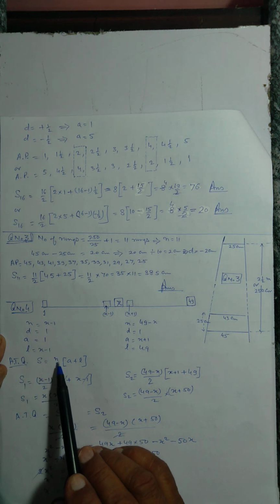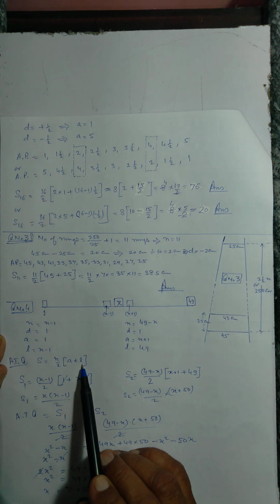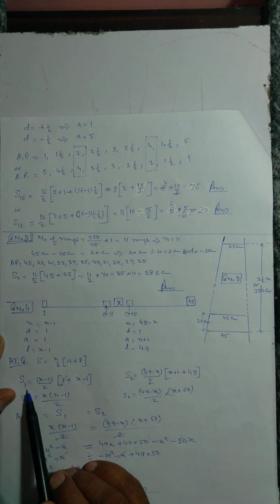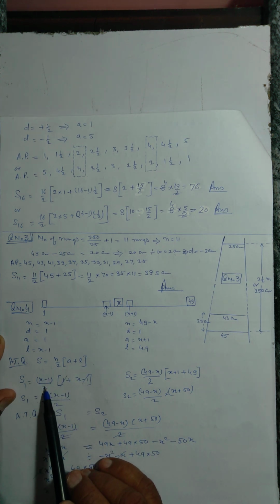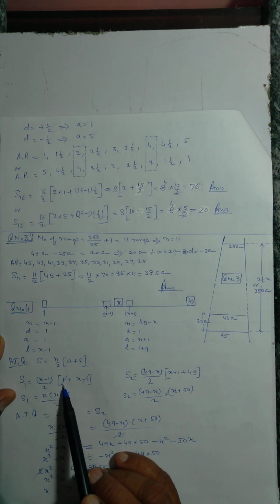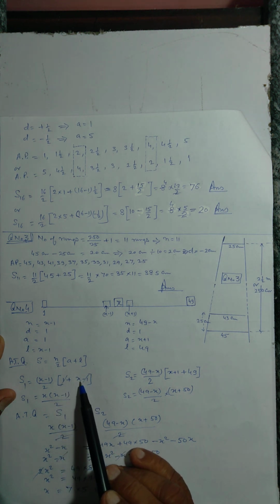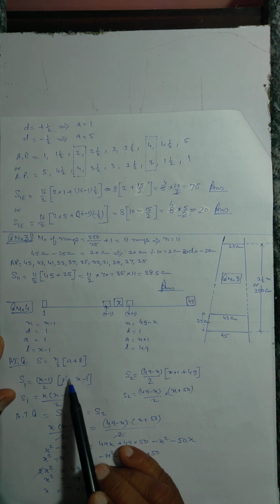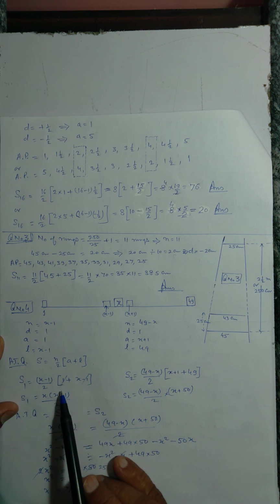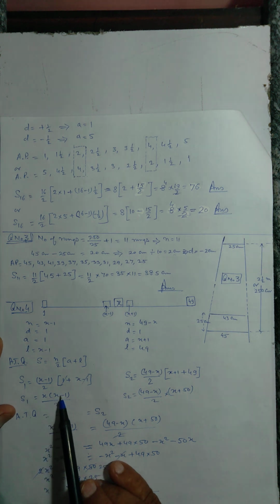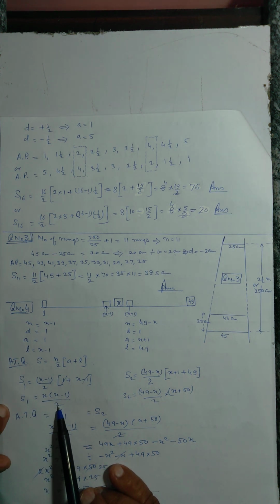I have used the formula n by 2 into a plus l. Here sum S1 will be equal to x minus 1 upon 2 into first term, that is 1, and last term, that is x minus 1. So this minus 1 and plus 1 will be cancelled. So we are left with x into x minus 1 upon 2.